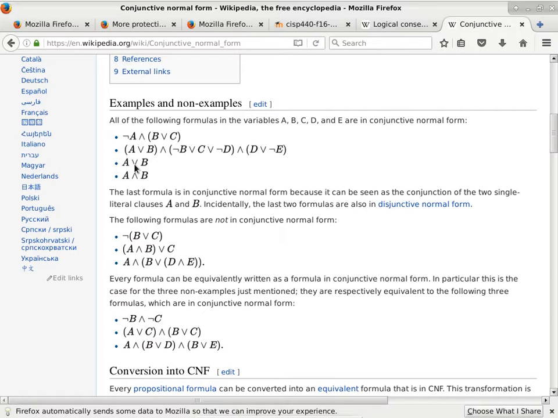Even though it has no conjunction, it is still considered in CNF, because you can always just say that the entire thing AND 1 at the very end to turn it into a CNF. Is that okay? Examples: P is a CNF, not Q is a CNF, P or Q or R is a CNF. Is that okay?